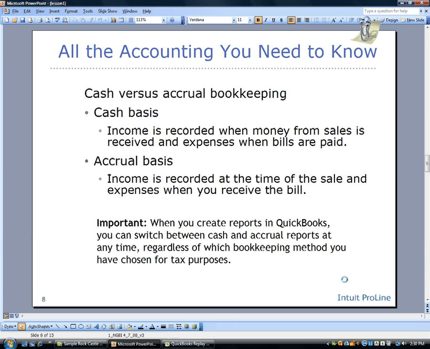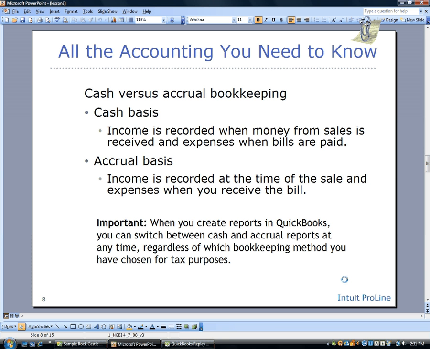And if your customer should never pay you, then you would count it as a loss and offset it that way. And so that's the difference between cash and accrual. Cash is as the cash comes in and as the cash goes out, exactly. Accrual is when you have bills that you're going to pay and you've entered the bills, and that'll go in as an expense now.